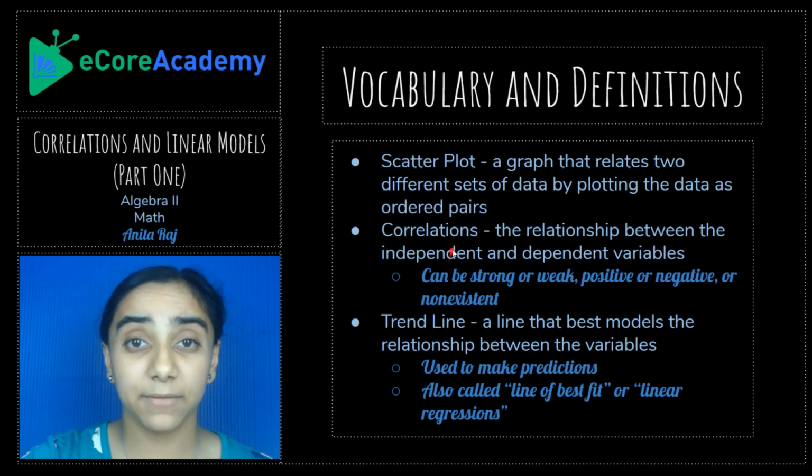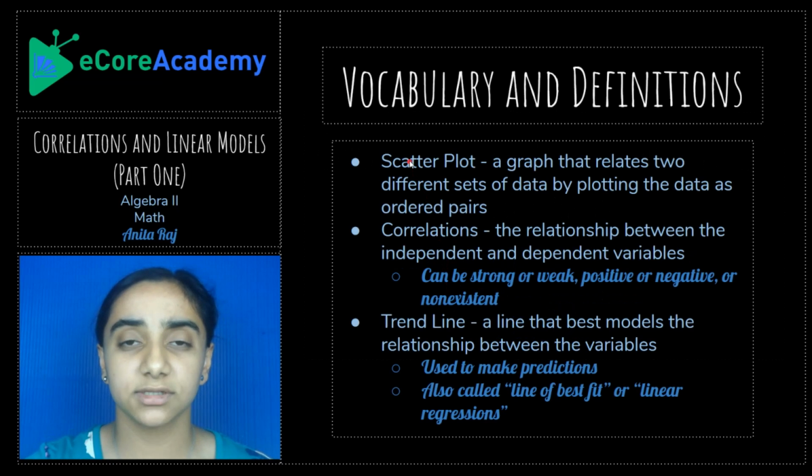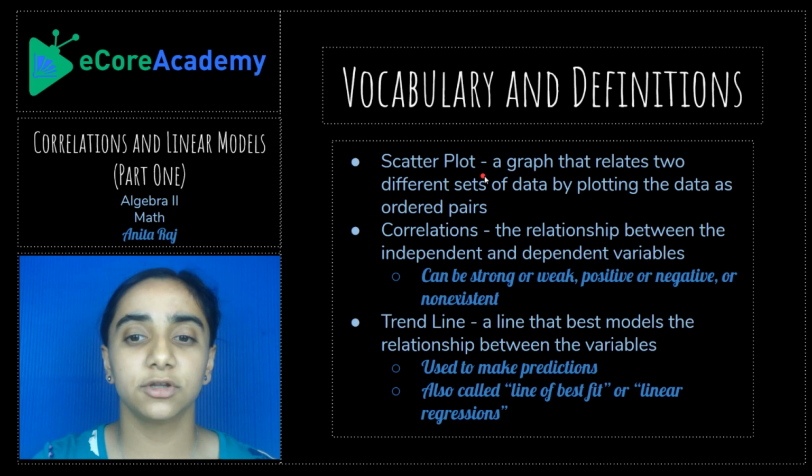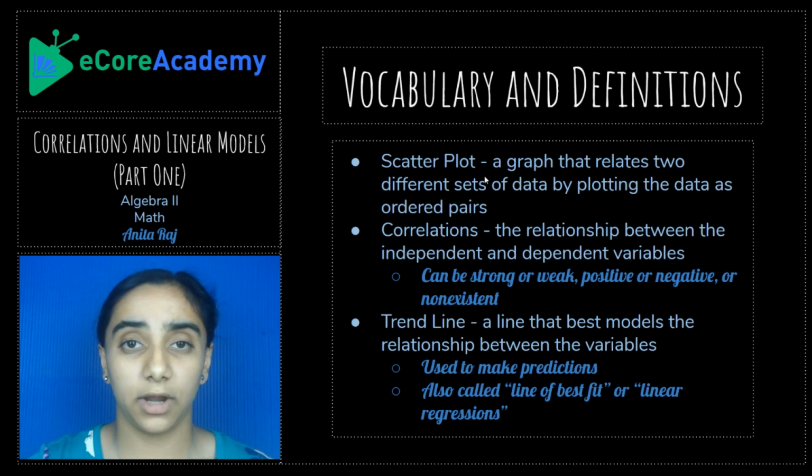So this is some vocabulary and definitions that you guys should be familiar with before we start going into this lesson, so you know the terminology that I'm using and exactly what I'm applying it to. The first word that I want you to familiarize yourselves with is scatter plot. A scatter plot is a graph that relates 2 different sets of data by plotting the data as ordered pairs. So it's pretty much the relationship between an x-coordinate and y-coordinate.